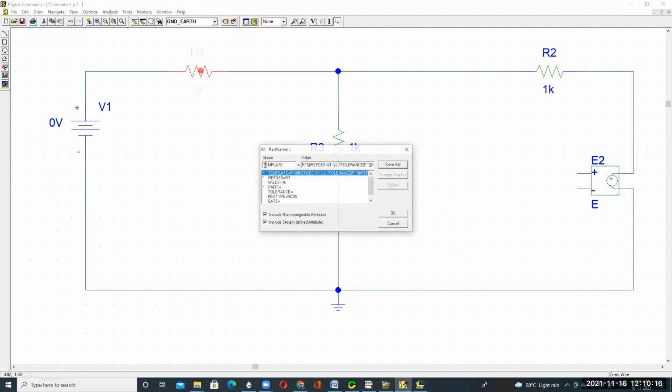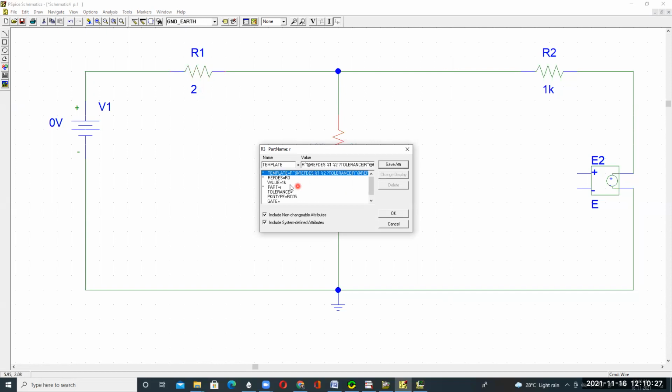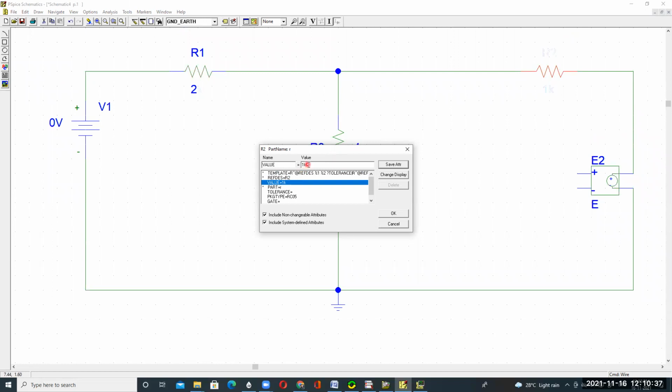Okay, so this resistance value is 2 ohms, and then this resistance is 4 ohms. And this resistance is 16 ohms.